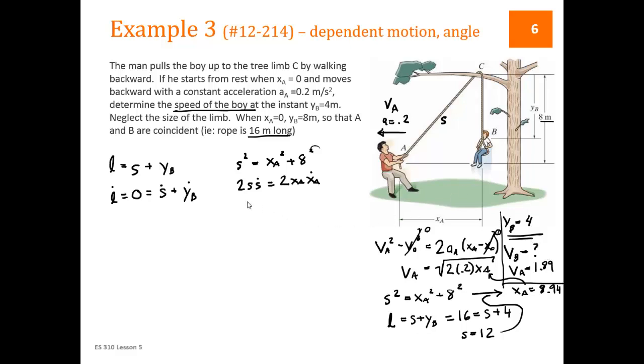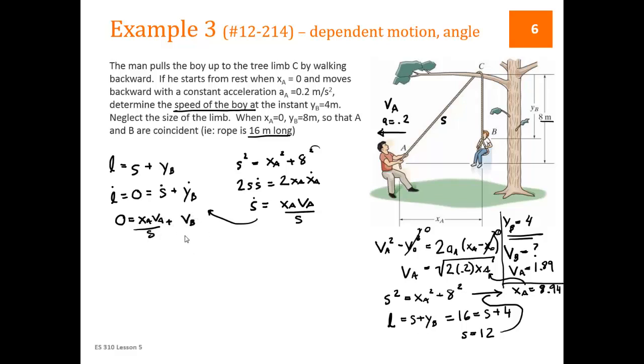So we can write here S dot is equal to XA dot, which is VA, over S, which is what we're trying to find. All right, so let's take this over into this equation. We get 0 is equal to XA VA over S plus VB.